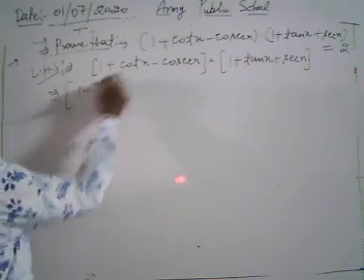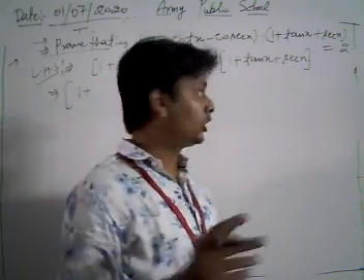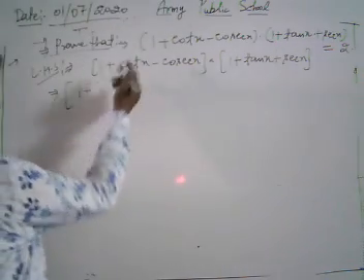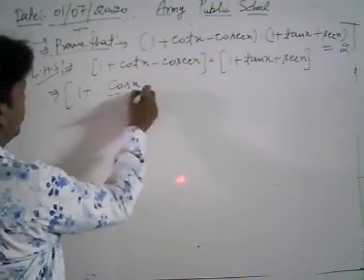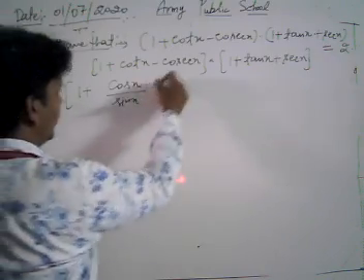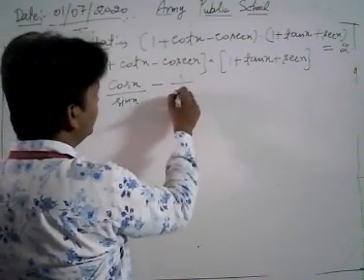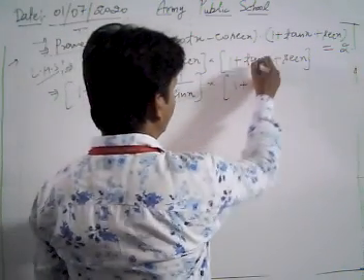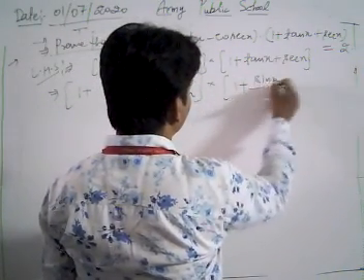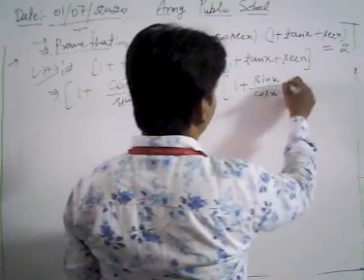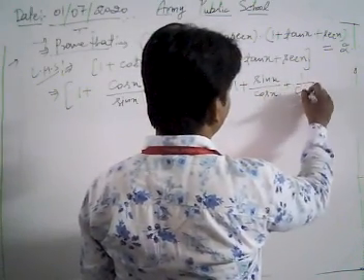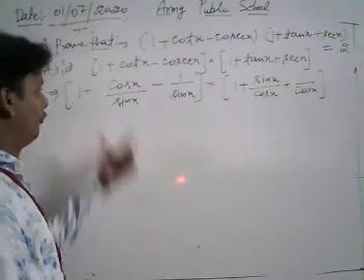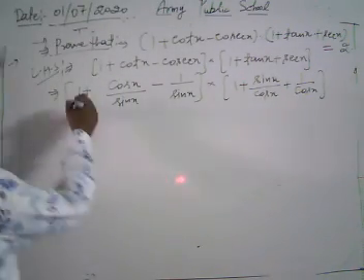We convert the trigonometric functions into sine and cosine. Then cot x is cos x upon sin x, cosec x is 1 upon sin x, tan x is sin x upon cos x, and sec x is 1 upon cos x. Now we solve each bracket.